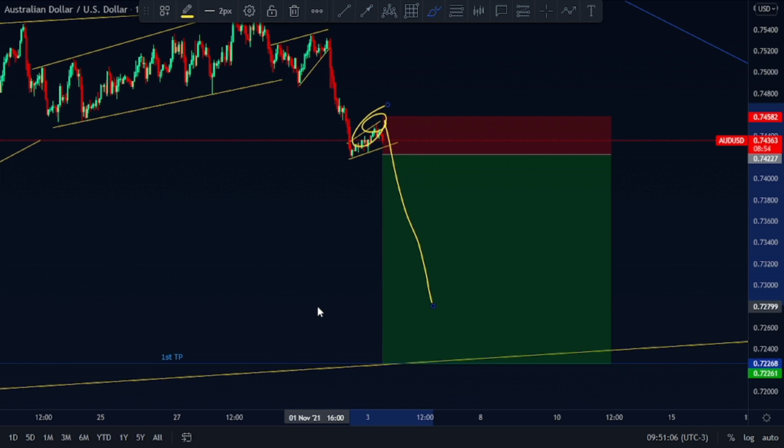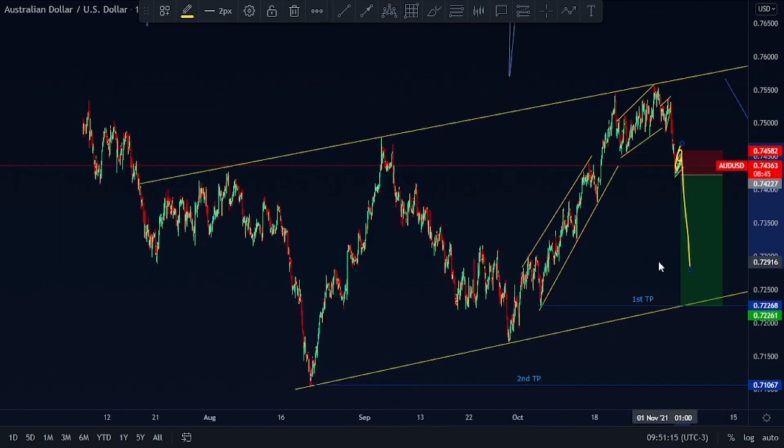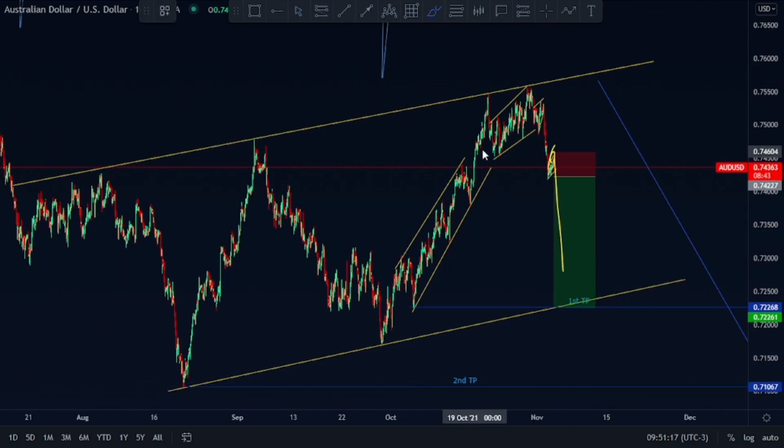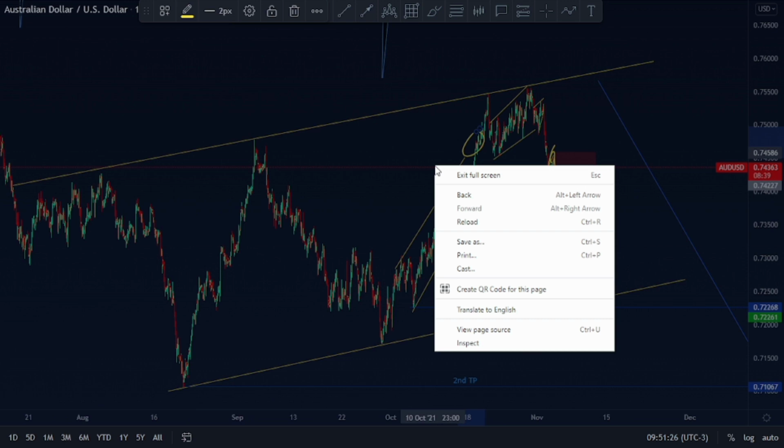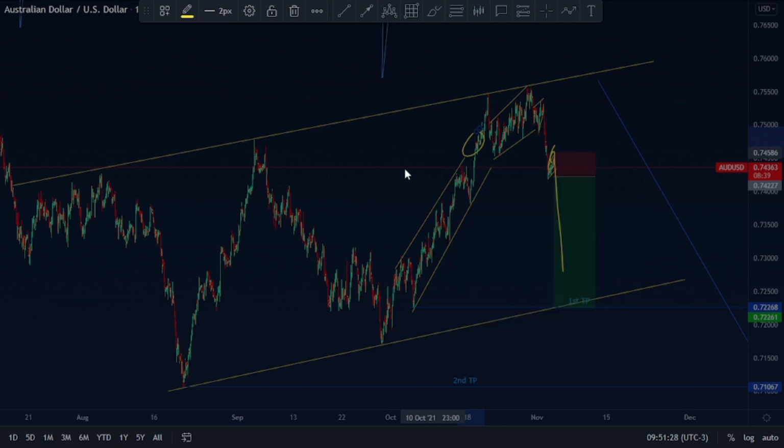It's basically a short update, because I remember we did this pair last week. We were looking for selling opportunities. Initially the pair was around this area here, and we had something like this.